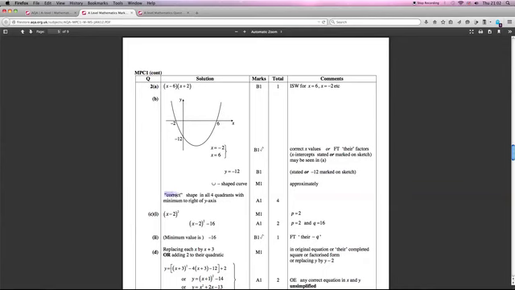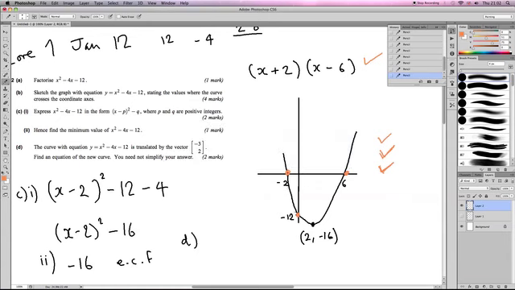Notice this quotation mark, no idea what that means, but the correct shape in all 4 quadrants with the minimum to the right of the y-axis. So here you've got this bit here, there's my minimum, so I guess I get the 4th mark.